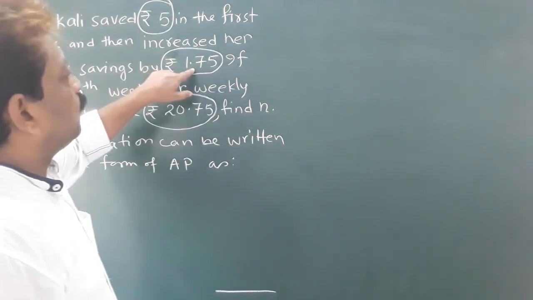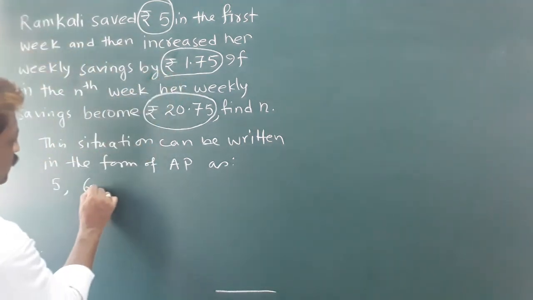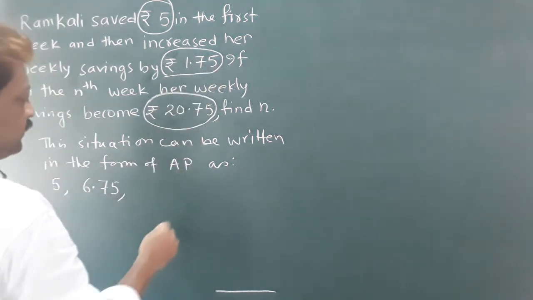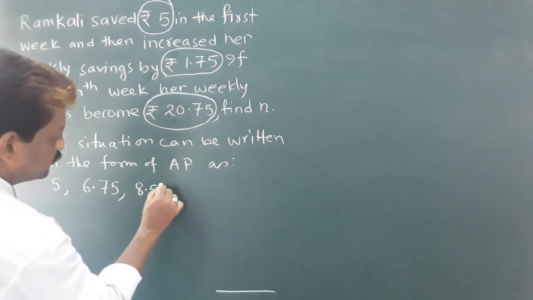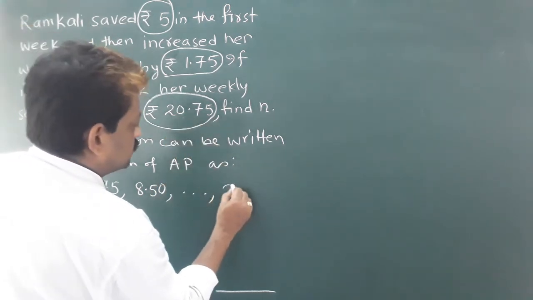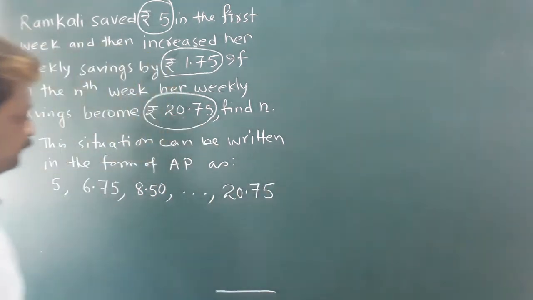After 5, 1.75 is increased, so it will be 6.75. Again 1.75 increased, so it will be 8.5, and so on until the savings become rupees 20.75.